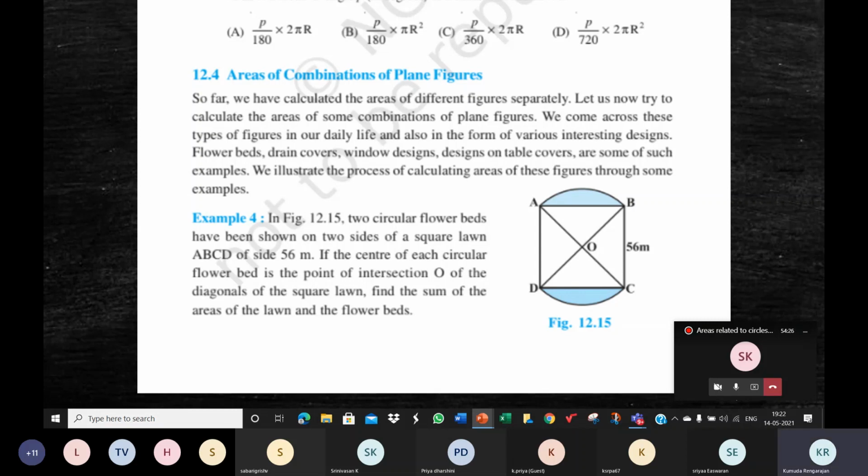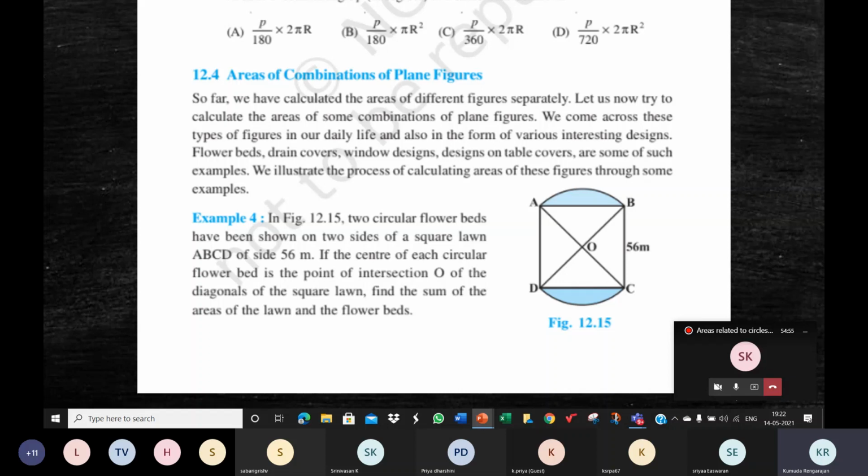Okay, class, what is the measure of angle BOC? 90 degrees. It's not given as 90.